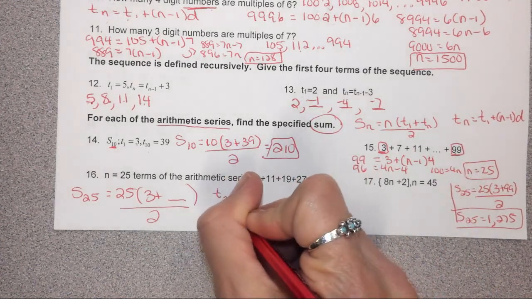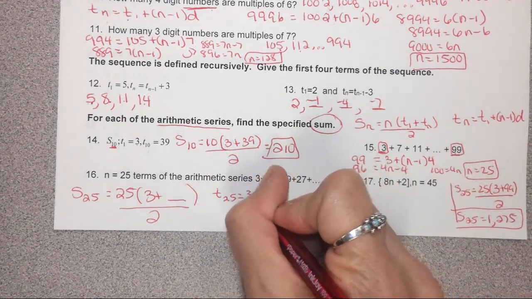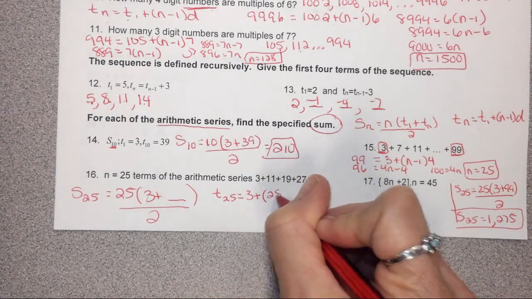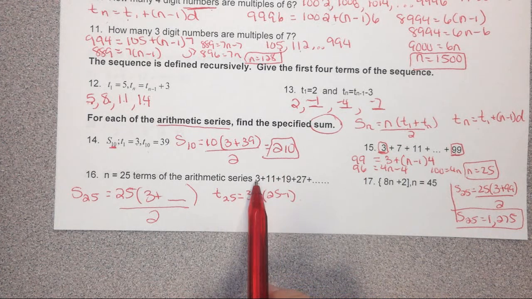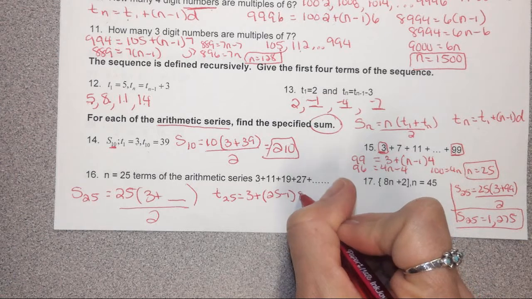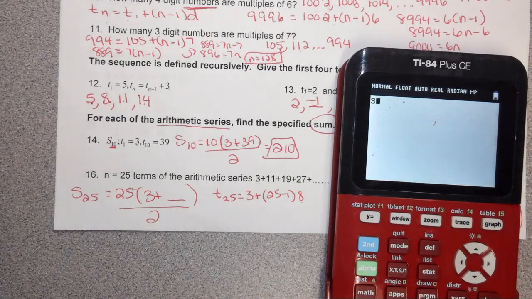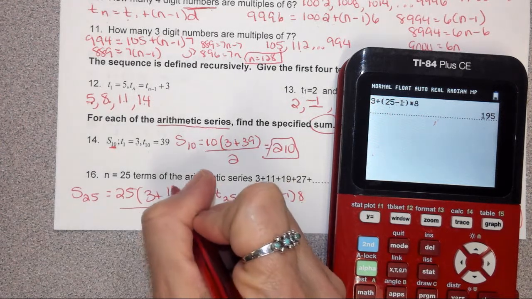So the 25th term is equal to the first term plus n is 25, minus 1 times d. What are we doing to get from 3 to 11 to 19? We're adding 8, so my common difference is 8. So I'm going to use my calculator, 3 plus parentheses 25 minus 1 times 8, which is 195.